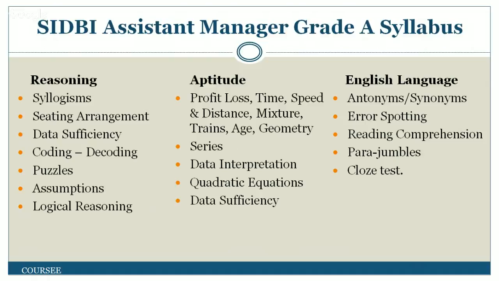And aptitude consists of profit and loss, time, speed, and distance, series, data interpretation, quadratic, etc. And the English language consists of synonyms, antonyms, error spotting, reading comprehension, parajumbles, cloze test, etc.